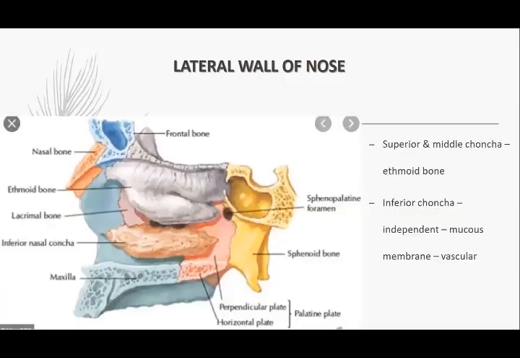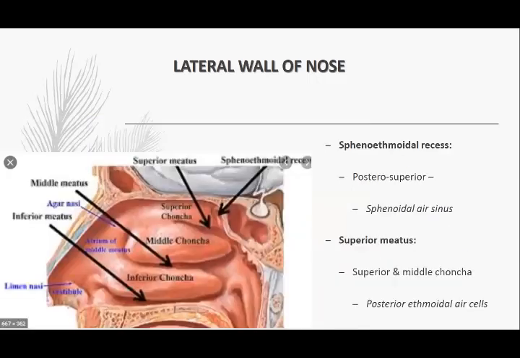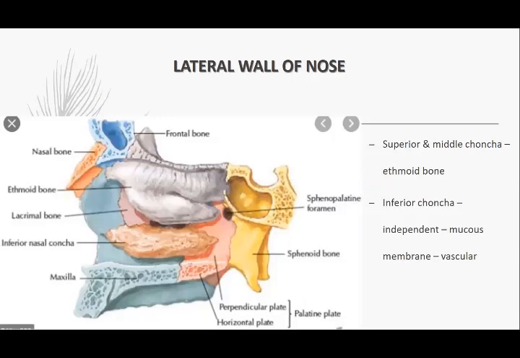Before we go to the meatus and what is present there, let me tell you one thing. We have discussed this before. This is the superior meatus, this is the middle meatus, and this is the inferior meatus. Please note the inferior meatus is made up of a separate color.